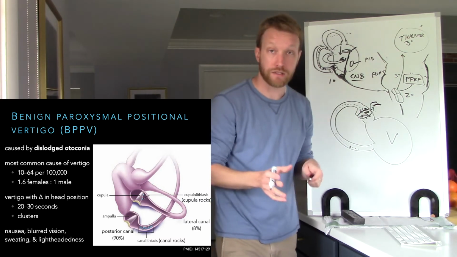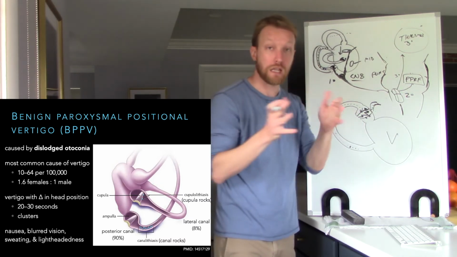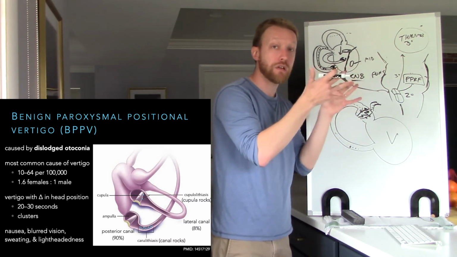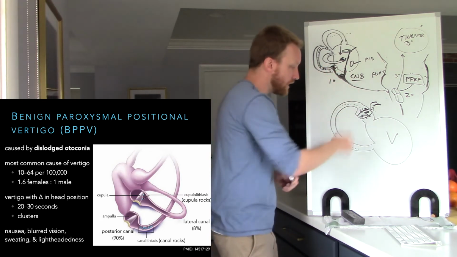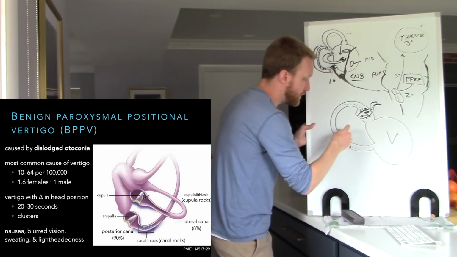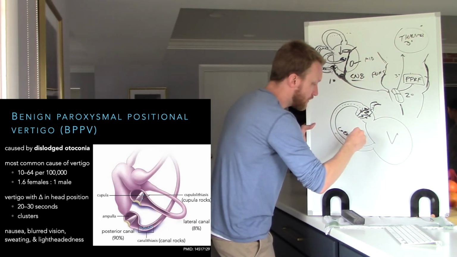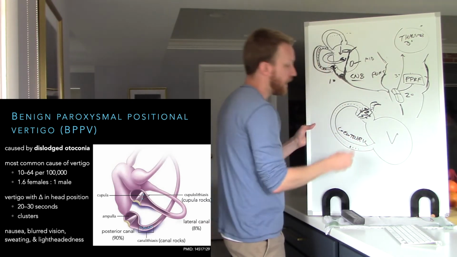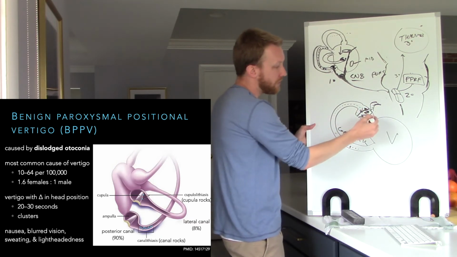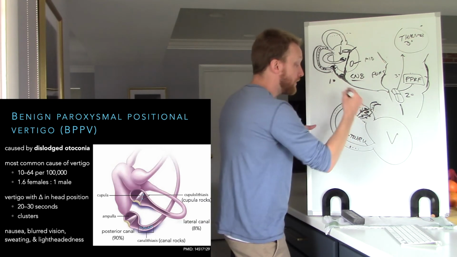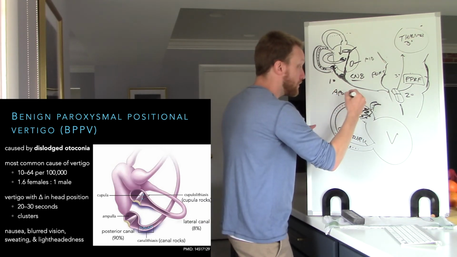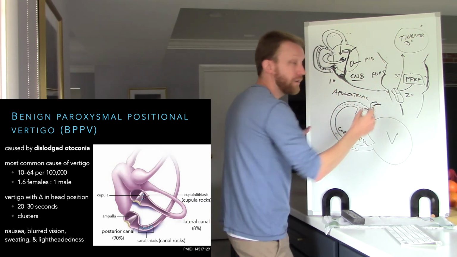So now we'll get the sense of right head movement, a left VOR, and nystagmus away from that side. Down here in the long arm, we call that geotropic. And up here, embedded in the cupula, or in this very short anterior arm here, that's also possible. That's going to be our apogeotropic.